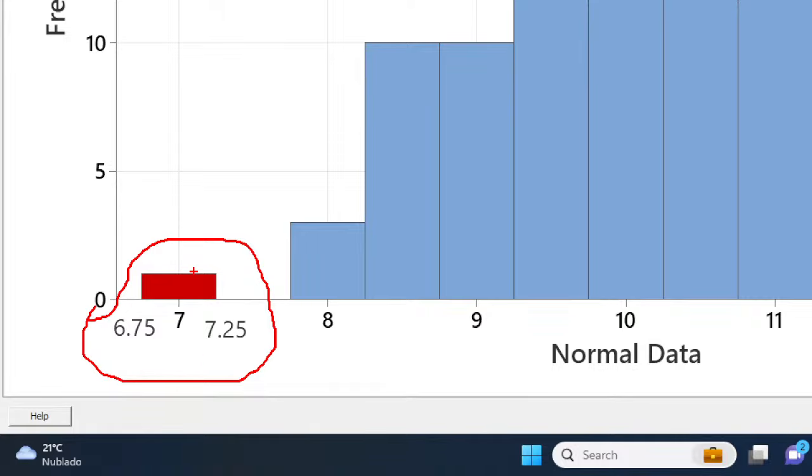Yes. And by the way, in this interval, 6.75 to 7.25, I have only one. That's why I have here one. I have just one data point.